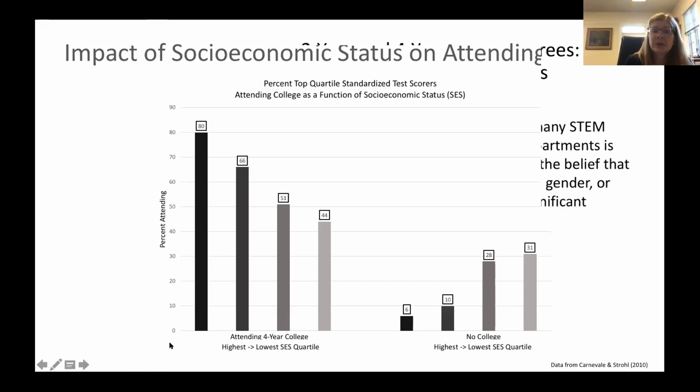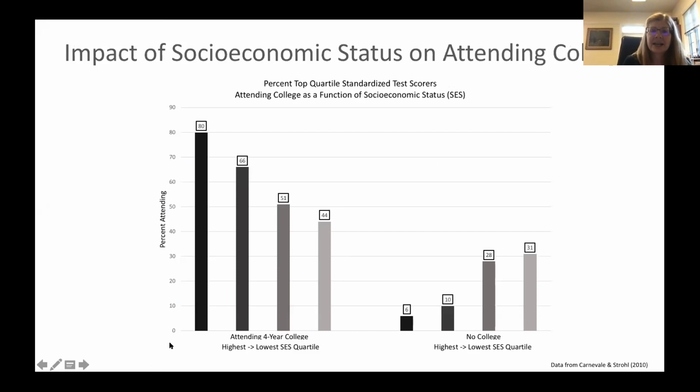And to do that, the data I wanted to show you here looks only at students who scored in the top quartile on SAT scores or ACT adjusted for an SAT-like score as a function of socioeconomic status.